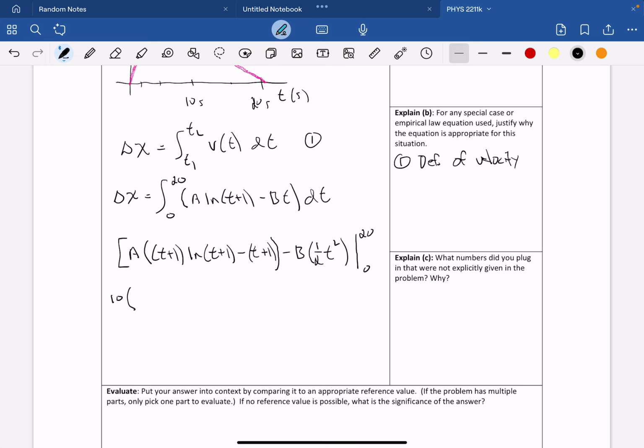Okay, so it's 10 times t plus 1 is 21, times the natural log of 21 minus 21, minus b, which is 1.5, times 1/2 of 20 squared. So 20 squared is 400, so 1/2 of 20 squared is 200.